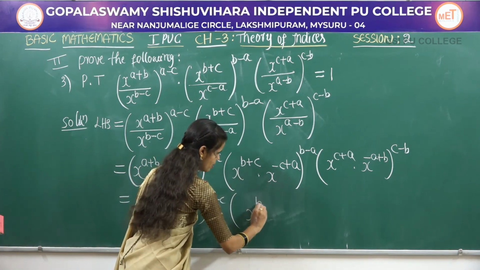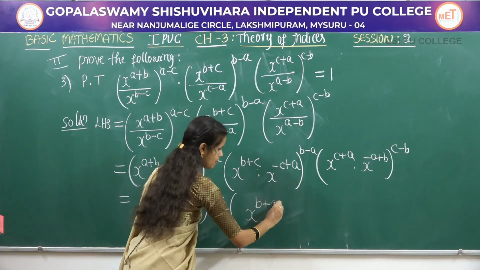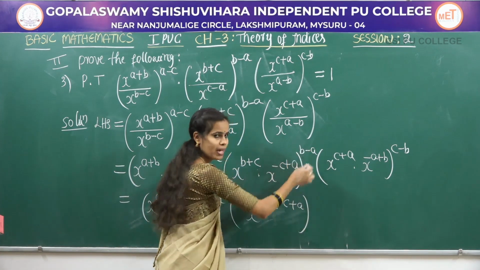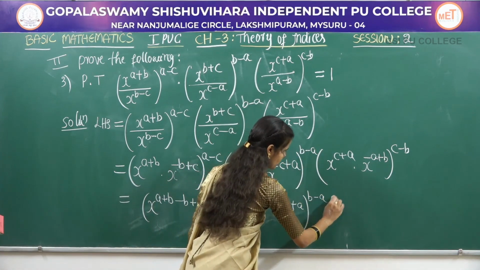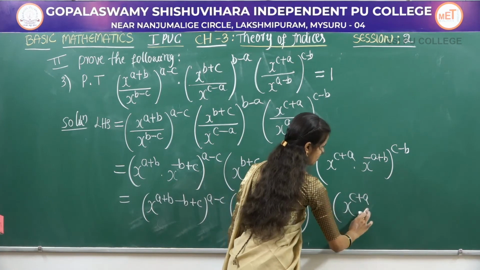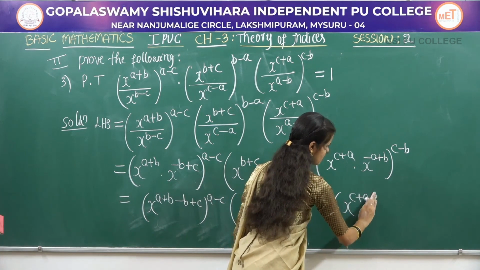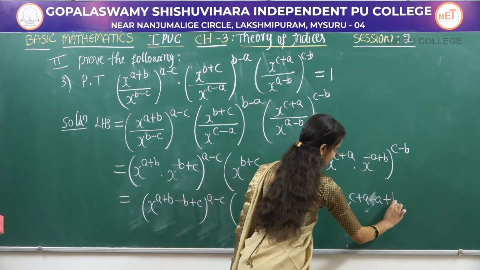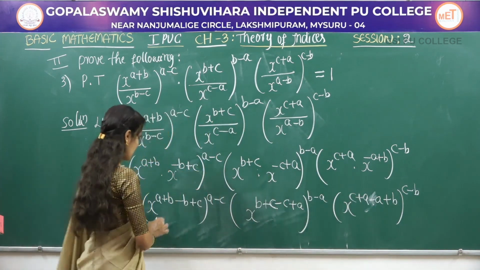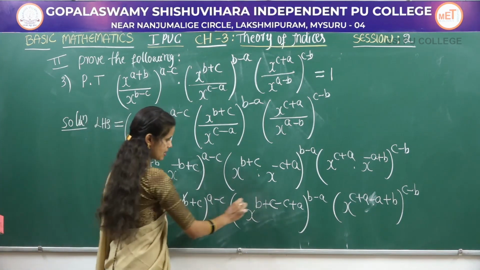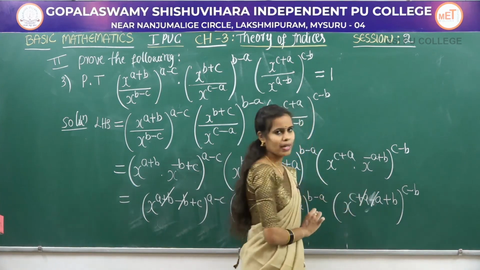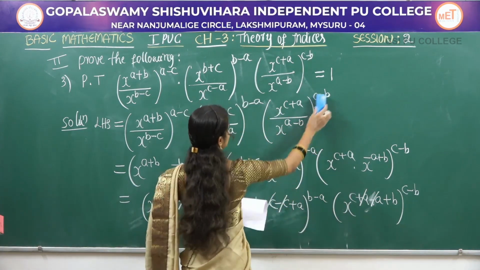The base is the same, so add the powers: b plus c minus c plus a, to the power of b minus a, into x to the power of c plus a minus a plus b, to the power of c minus b. Here plus b minus b get cancelled. Here plus c minus c get cancelled. Here plus a minus a get cancelled.